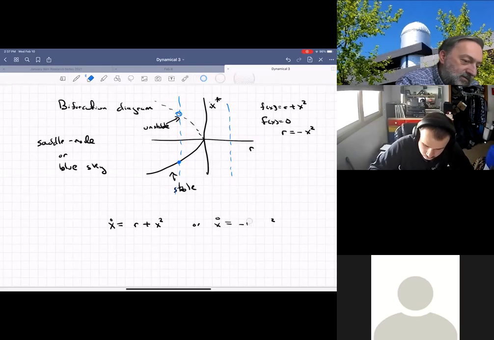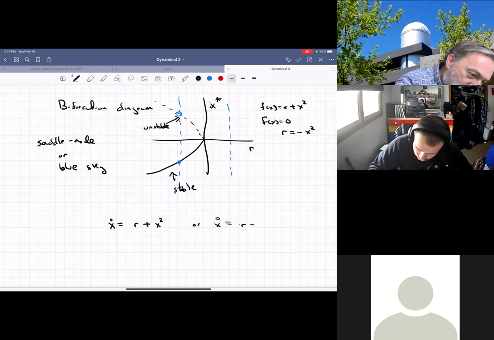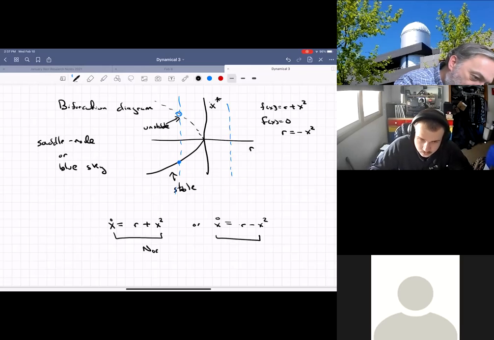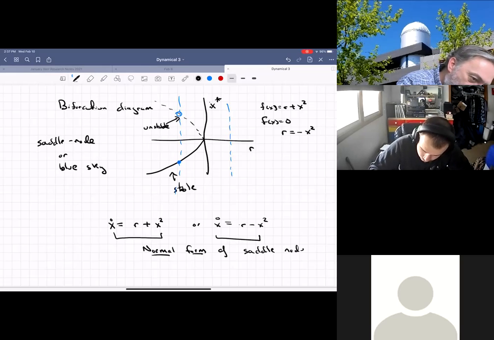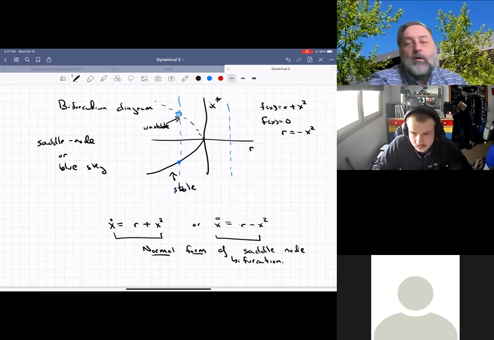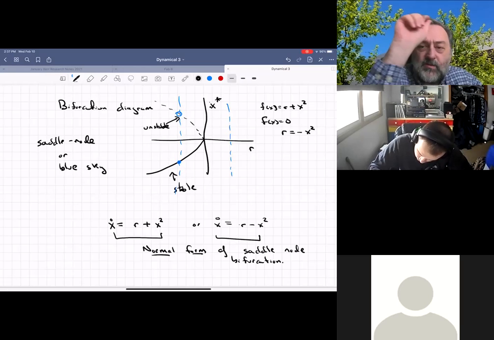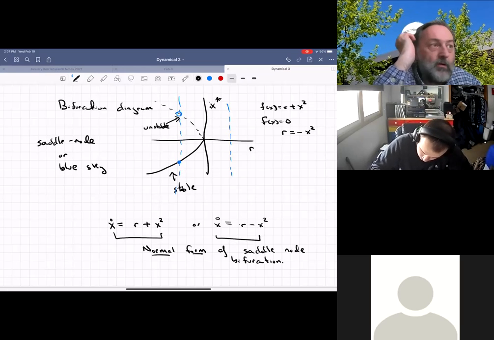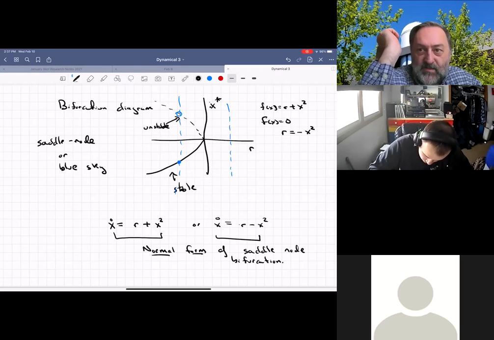I'll write it as r minus x squared. Okay, so this is the normal form of the saddle node bifurcation. The normal form is an important concept that you start to see in differential equations and advanced mathematics.